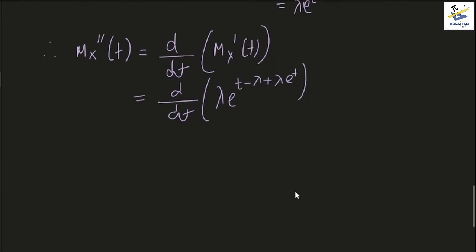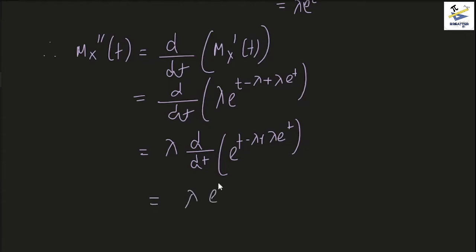Since lambda is a constant, it can be taken outside of the differentiation, and this becomes lambda into d/dt of e to the power (t minus lambda plus lambda e to the power t), and this also becomes lambda into e to the power (t minus lambda plus lambda e to the power t) into 1, since the differentiation of t is 1, lambda is 0, and lambda e to the power t differentiates to lambda e to the power t.